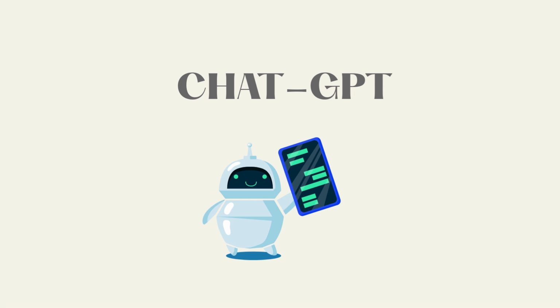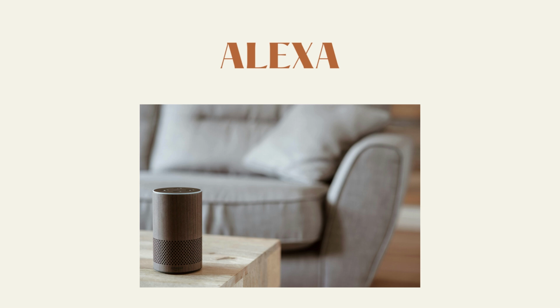Another example is Alexa. Alexa is very trending nowadays. You are just sitting on your sofa relaxing and you just say, Alexa, play my favorite music. Alexa, please turn on the TV. Please turn on the fan. So how do all these work? These all work by artificial intelligence only.